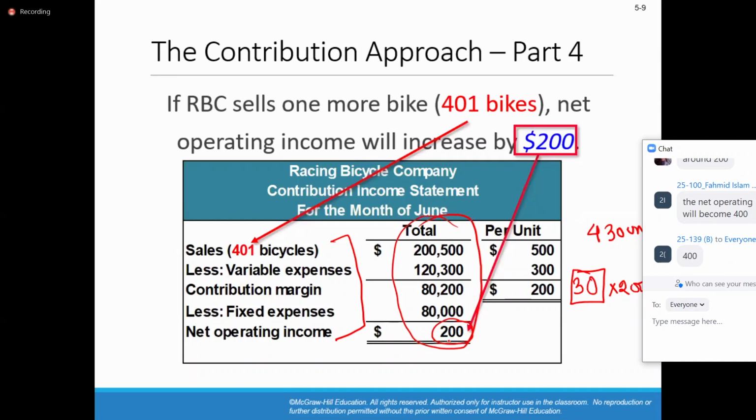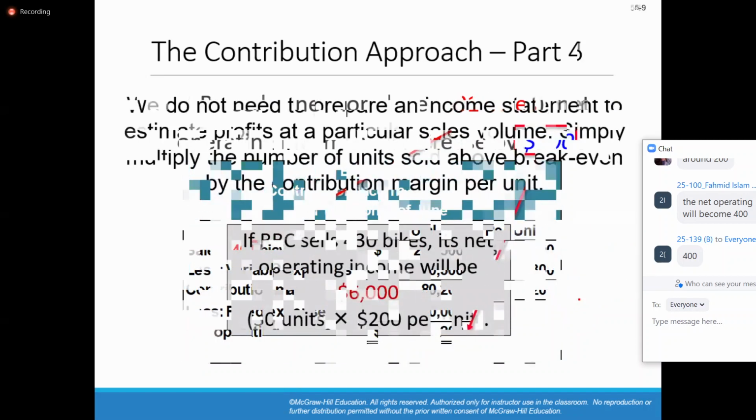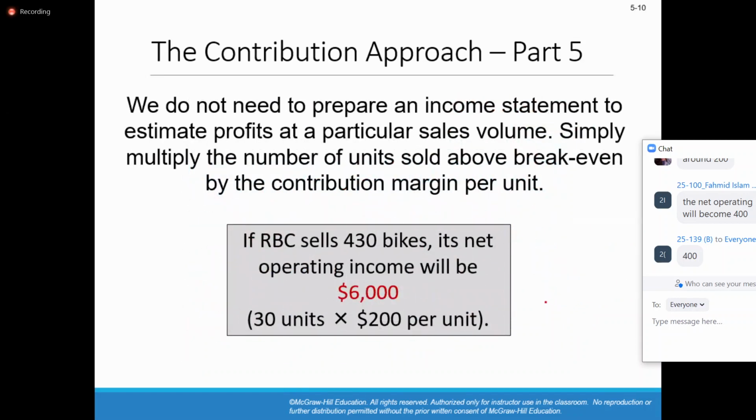So if we multiply these two numbers, we get the net operating income for selling 30 units of bicycle. Okay.